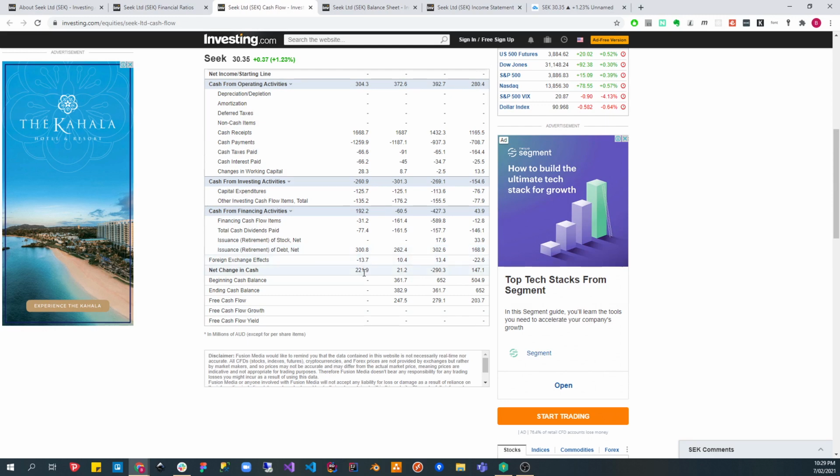Overall, the net change in cash has gone up, but looking at the items here, it seems like 2/5 is coming from debt, and the other 3/5 is coming from operation.